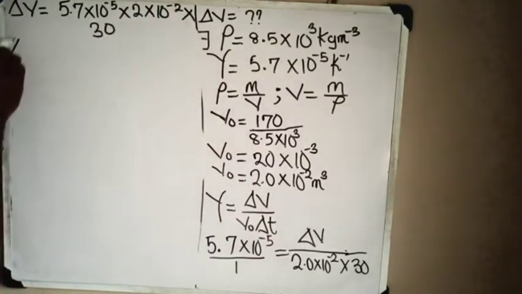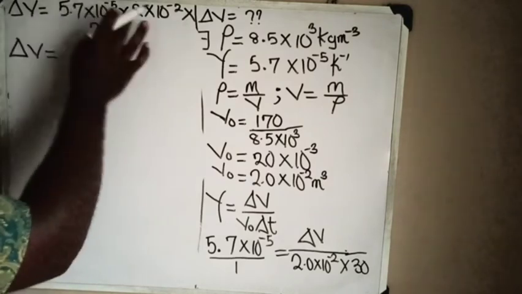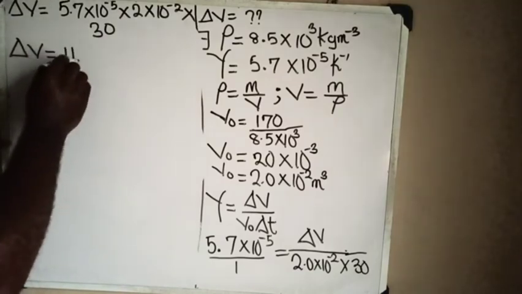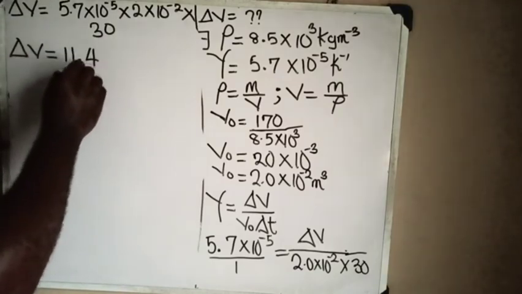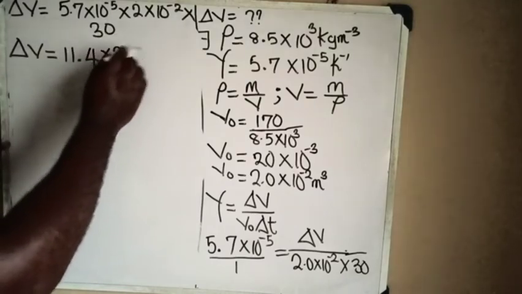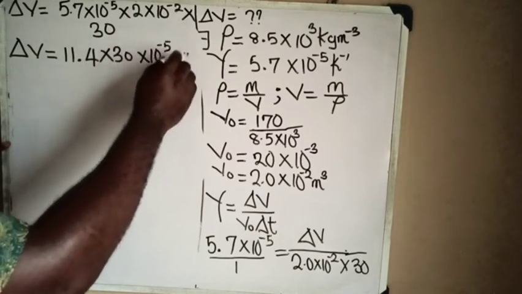That will give me my change in V. 5.7 times 2 will give us 11.4, then times 30, times 10 to the power of negative 5 times 10 to the power of negative 2.